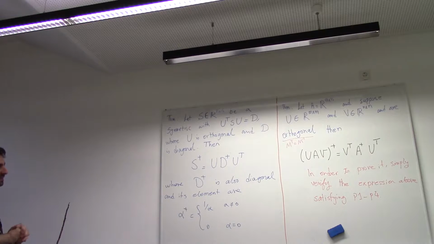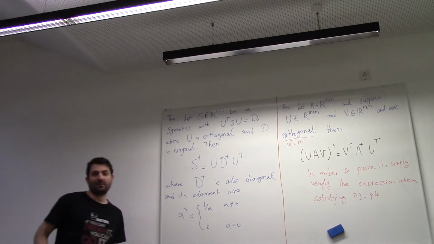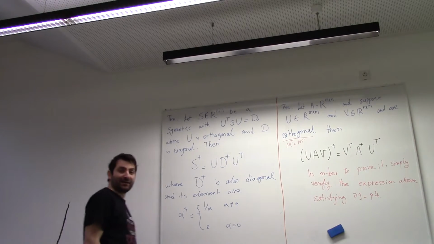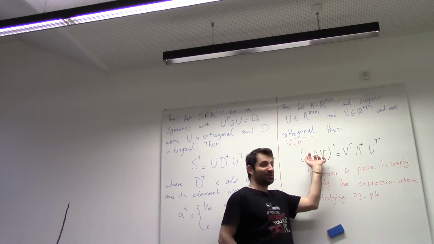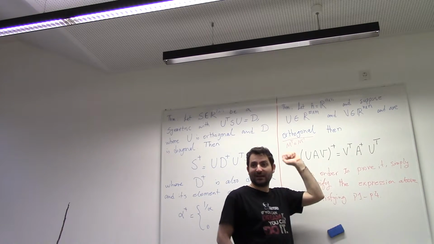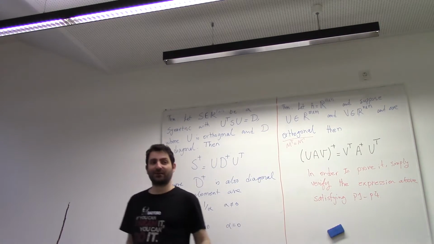So D+ is also diagonal, whose elements are 1 over each of the elements that we have in D. This is very good because when we come to the concept of singular value decomposition, we have this notation, and the matrix which is produced in the decomposition, the middle matrix, is a diagonal matrix.